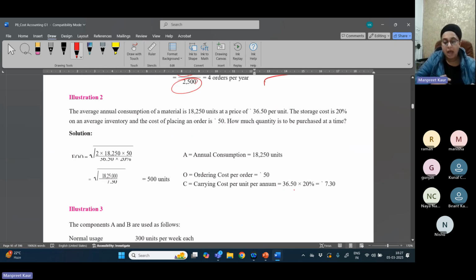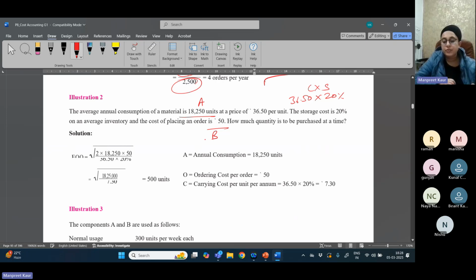Question number 2 says average inventory consumption is 18,250. A is 18,250. Unit price is 36.50. Storage cost is 20%, so 36.50 multiplied by 20% is C into S, as an average inventory.